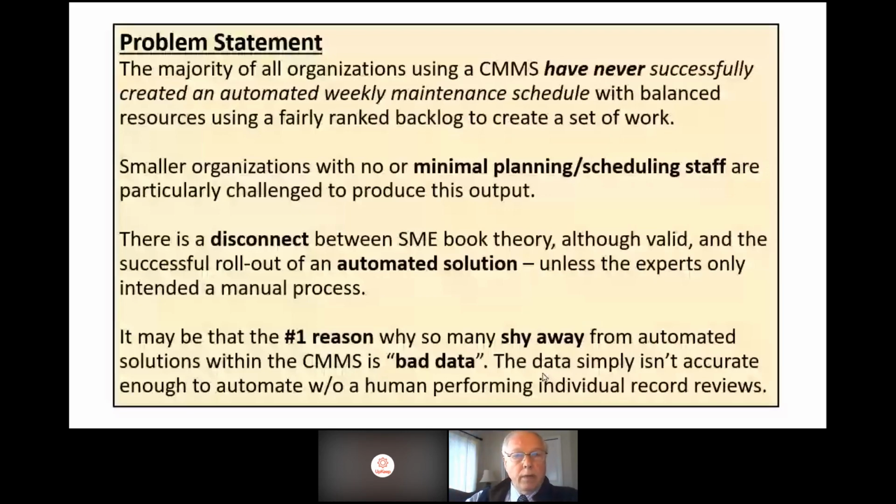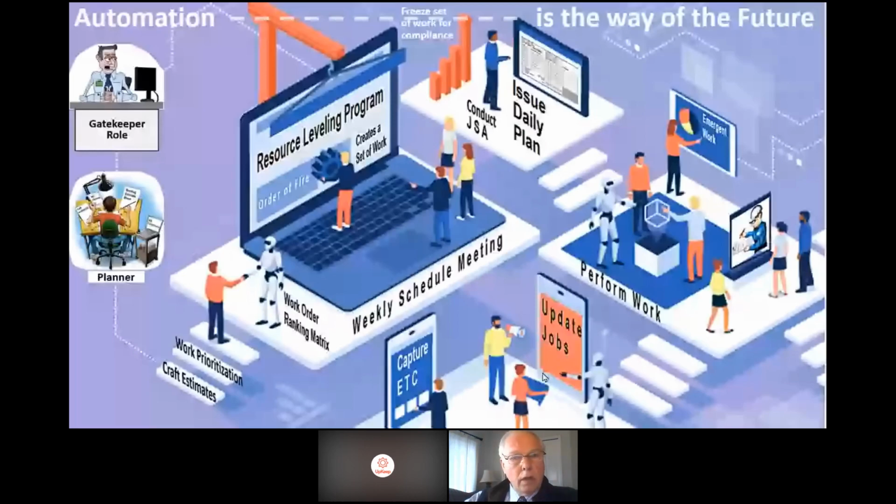So this is my information infographic, as you call it, and it shows the gatekeeper at the upper left-hand corner feeding the planner, if you have one. And then there's an automated work order ranking matrix, and then the weekly schedule meeting that creates a set of work.